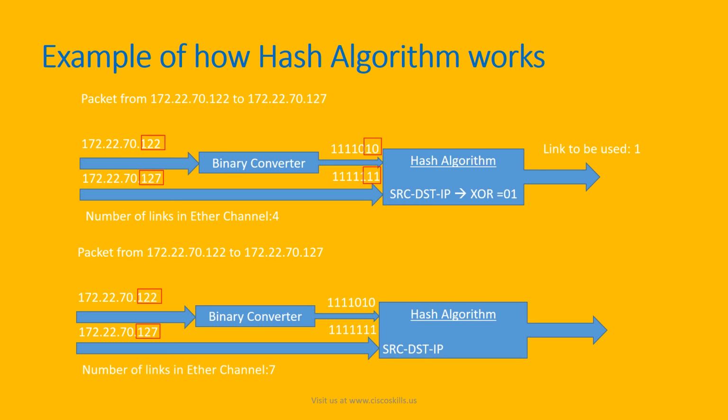But in this case we have 7 links in our EtherChannel, so it requires 3 bits for the source IP address and 3 bits for the destination, and we're gonna perform the XOR operation, and we have a result of 101, so it means link number 5 will be used.